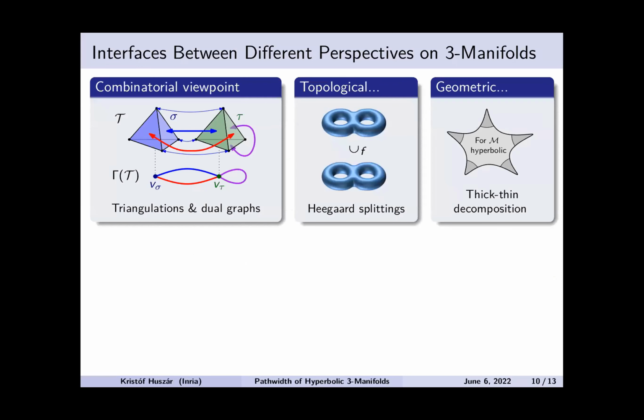I have mentioned several viewpoints from which one might look at three-dimensional manifolds, and these results all aim to establish a relationship between these different viewpoints in a quantitative way: between triangulations, Heegaard splittings, and, in the case of geometric manifolds, properties of the thick-thin decomposition, through inequalities between the associated invariants of these different structures.